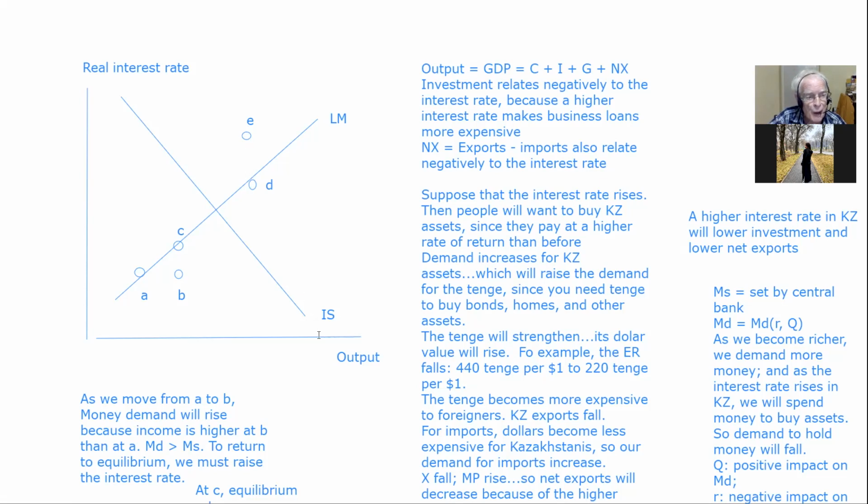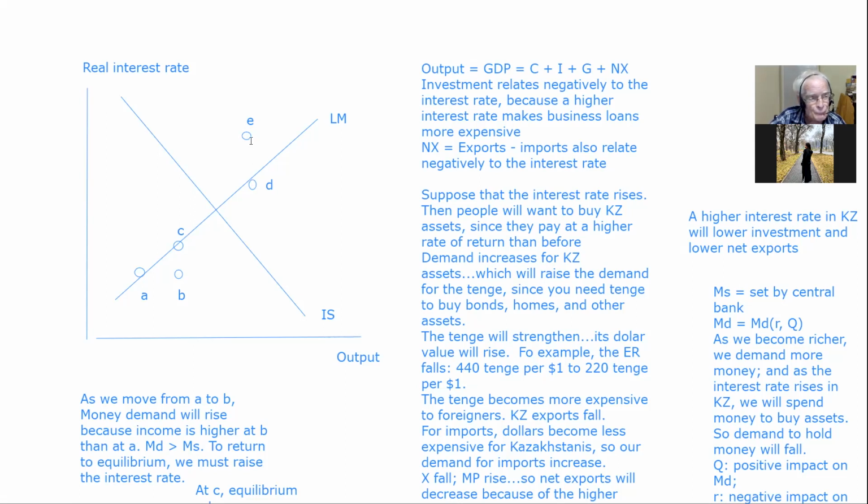In other words, output is the same at point E as at point D. The only change is that the interest rate is higher at E rather than at D.